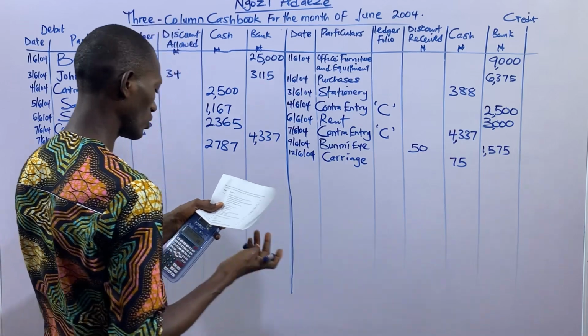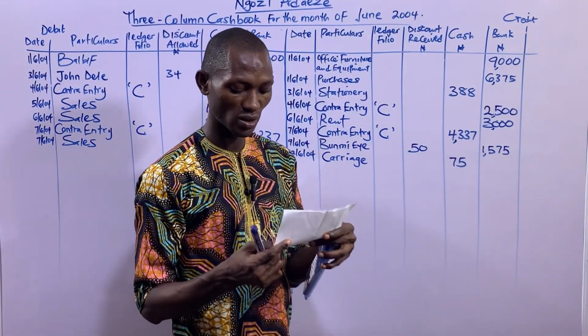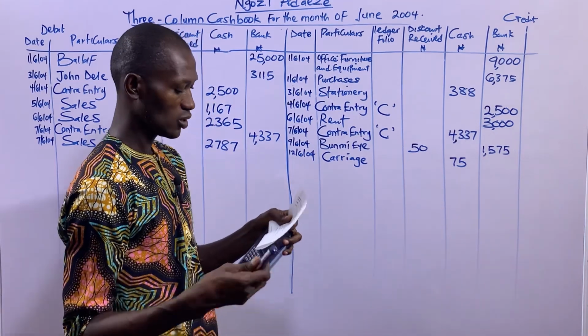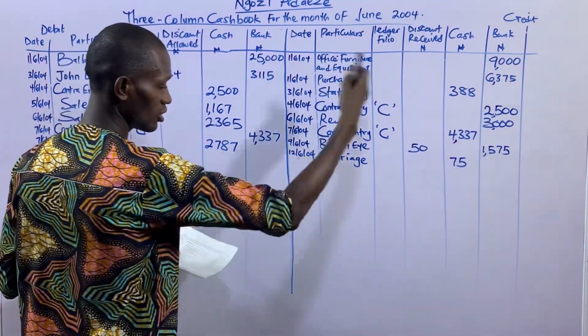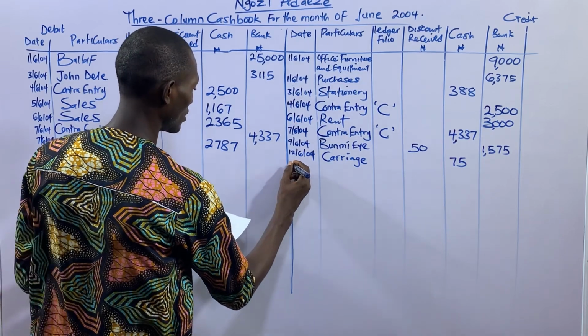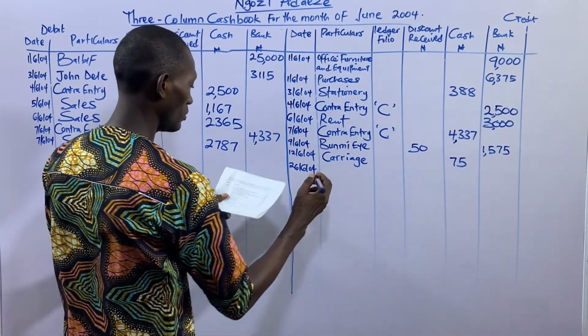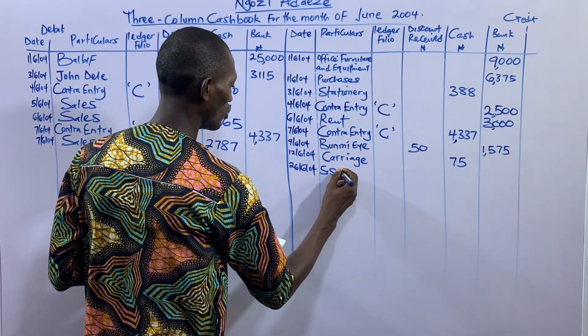Then we have the next one. Paid S Shubola by check, claiming cash discounts of 63 naira thereof. So we paid, Ngozi paid, we are crediting. The amount is 26, the date is 26/6/04. The person that was paid is S Shubola.